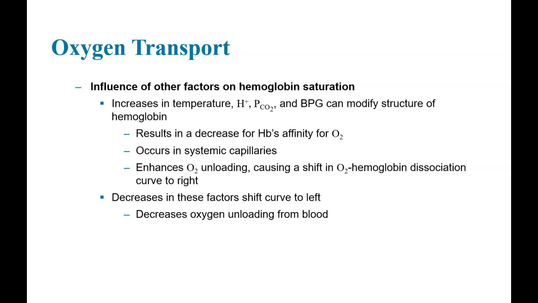So this occurs in the systemic capillaries. And it also enhances the oxygen unloading, and this causes a shift of the oxygen hemoglobin dissociation curve to the right. So the curve moves slightly to the right. And decreases in these factors will shift the curve to the left. So this decreases the oxygen unloading from blood.